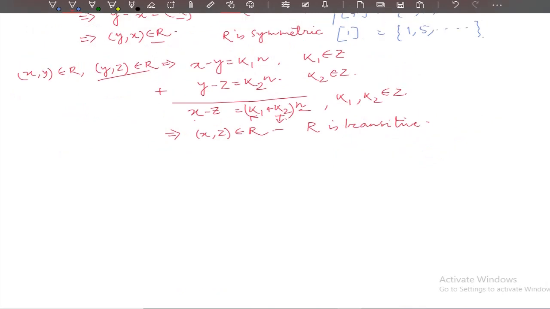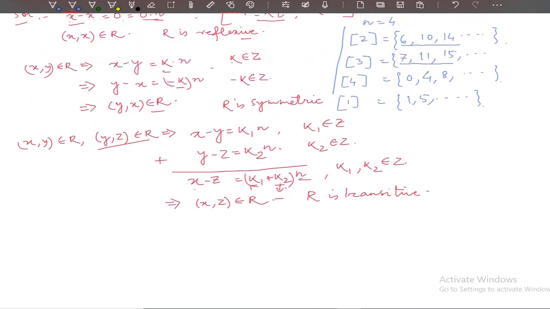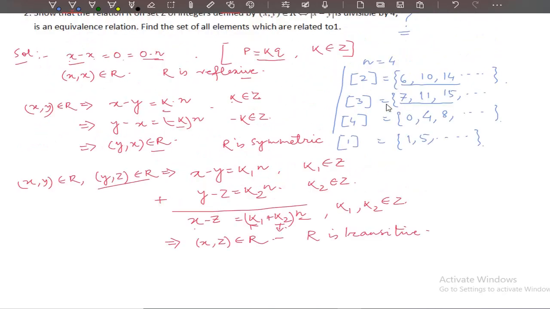Okay, this relation is an equivalence relation. Now this relation is generally known as congruence modulo n. I should tell something more on this.